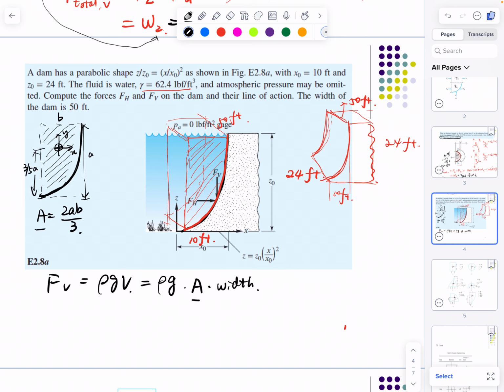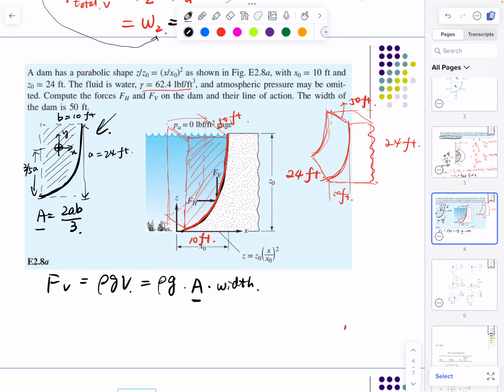So how to calculate A? It's given here. We have A equals 2ab divided by 3, and in our case b equals 10 feet, and a equals z0 equals 24 feet.